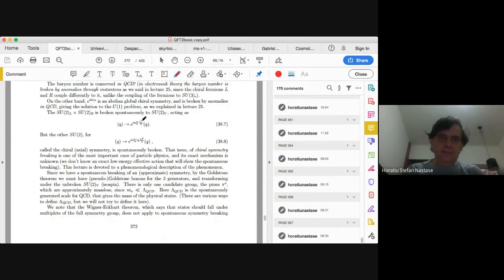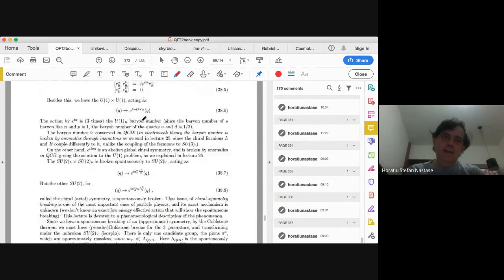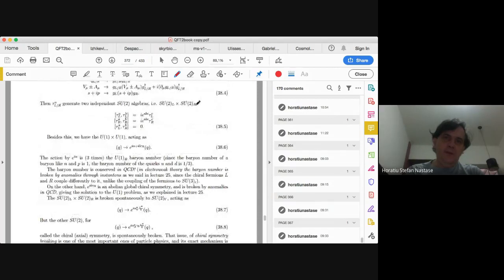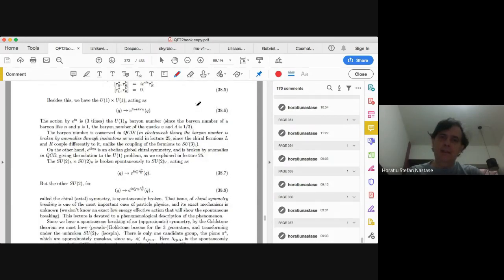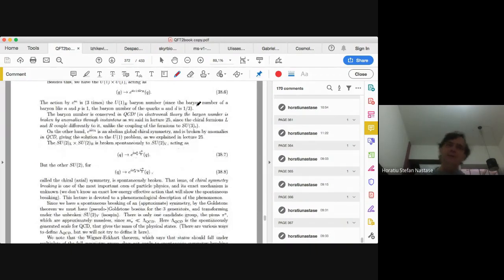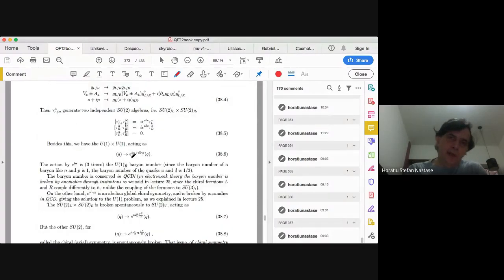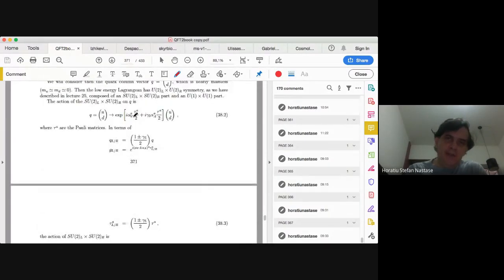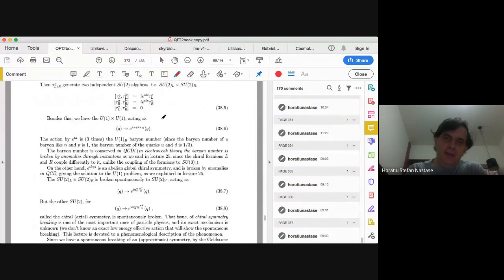On the other hand, also this SU2 left cross SU2 right, we don't see in particle physics, low energy in QCD. And the reason for that is that it is spontaneously broken to the SU2 vector part, which is why we use this notation of alpha V and alpha A, vector and axial vector.